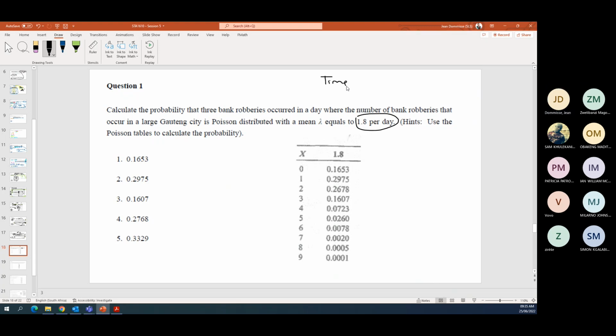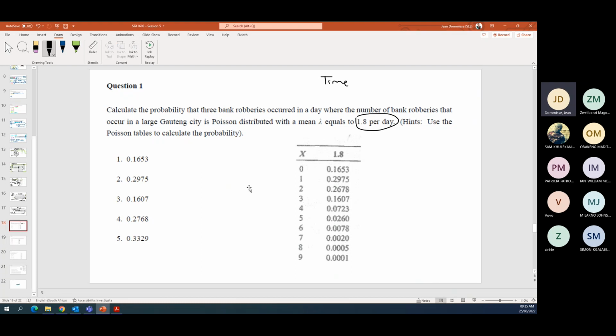They will talk the same language sometimes, but the main thing that's different is there will be a timing involved. So per day, per minute, per week. In the questions that we will go through, I'll show you there's always a timing involved.